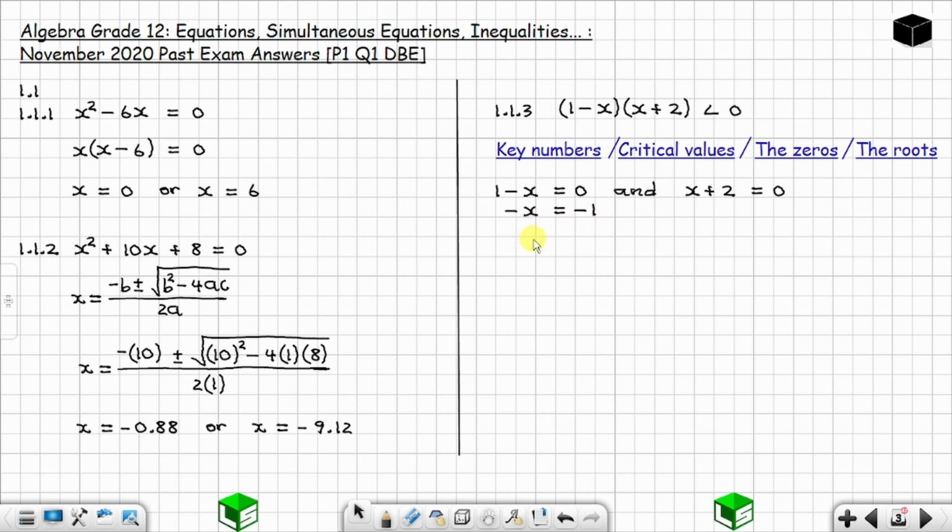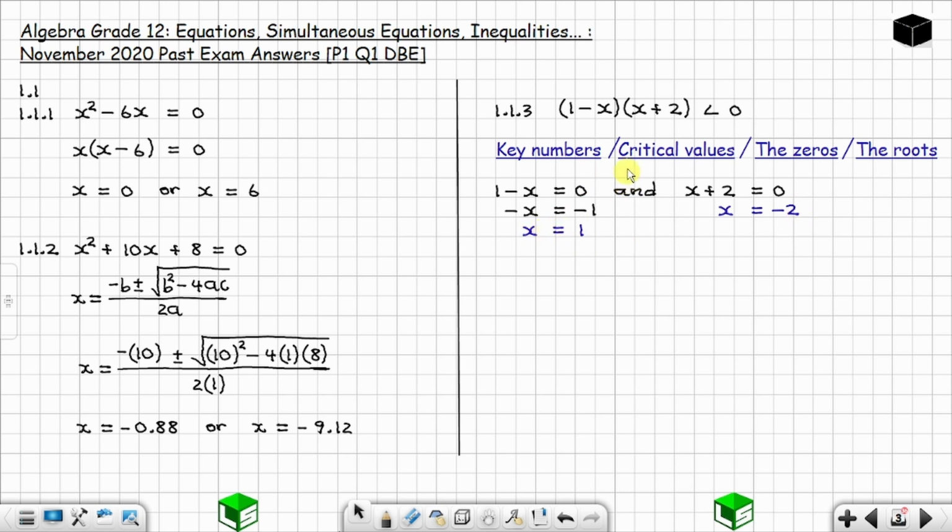And so x, when you multiply by negative 1 throughout, so that you can get the value of x, x is equal to 1. You do the same here. x is equal to negative 2 when you take the 2 to the other side. So your key numbers are negative 2 and 1.